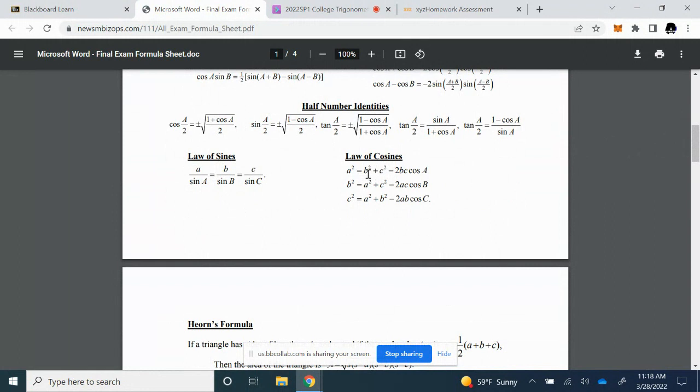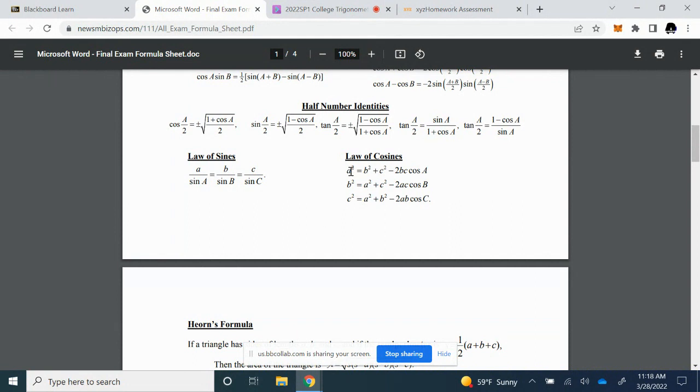I'm going to make some adjustments to the formulas because they fit a triangle with the standard labeling of A, B, and C as the angle measures, and lowercase a, b, and c as the side lengths. As far as x, y, z is concerned, they use the Greek letters alpha, beta, and gamma instead of capital A, B, and C.